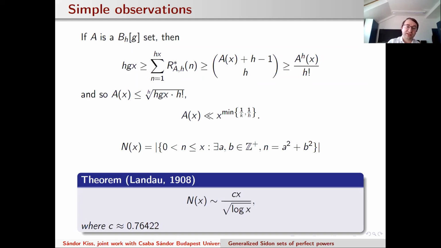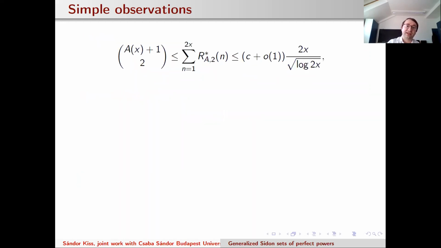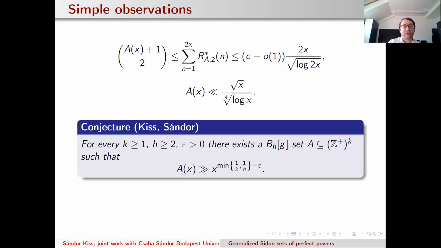So by using this theorem and the trivial estimation for the number of elements of the set that can be written as the sum of two squares, we get that the counting function of such a set is less than x to the power of 1/2 minus epsilon.